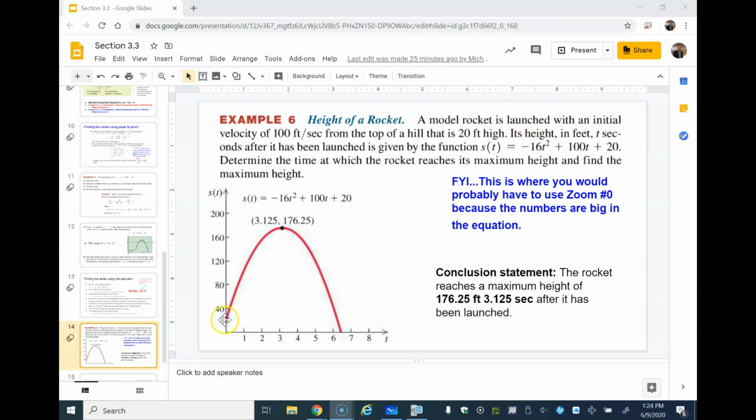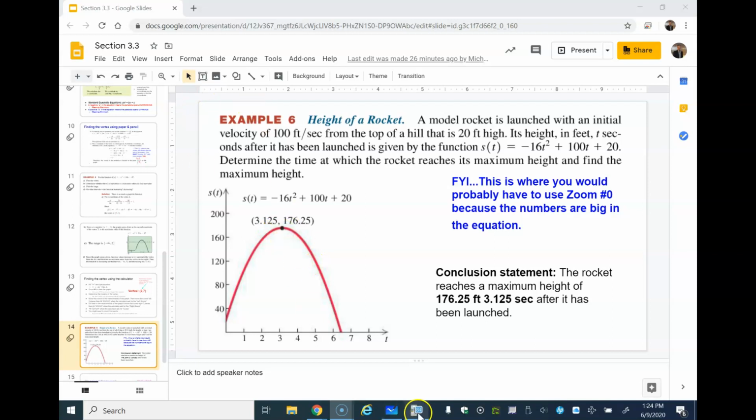So here's a rocket 20 feet high. We're going to shoot it up in the air. And I want to know at what time the rocket reaches its maximum height. So here's the rocket going up. I want to know at this highest point, which is again going to be our vertex, what is the time and the height of the rocket. So we're actually going to find both of them.